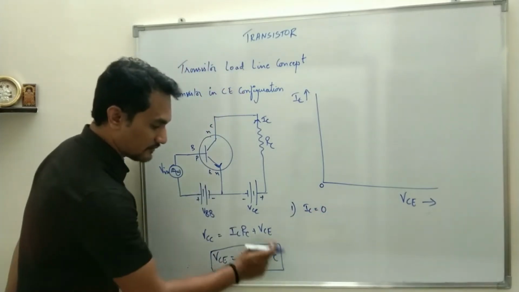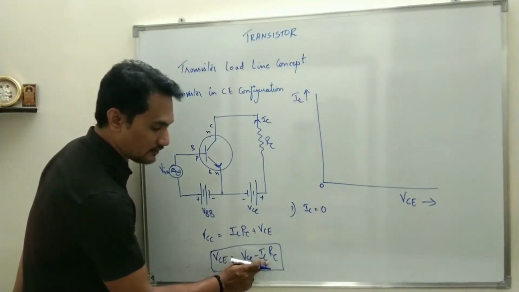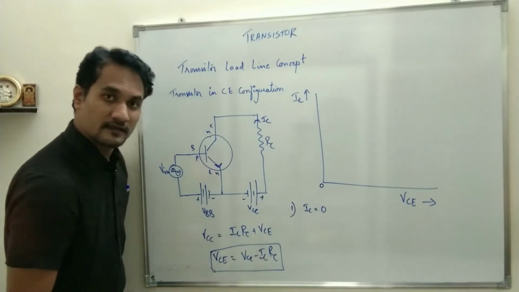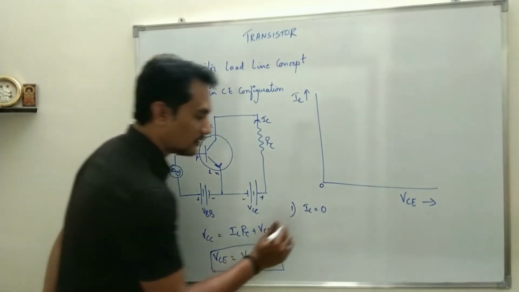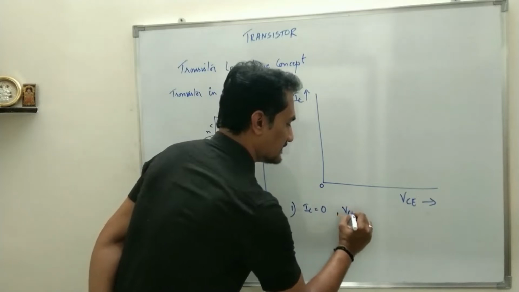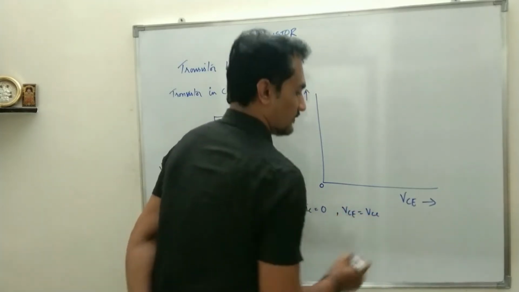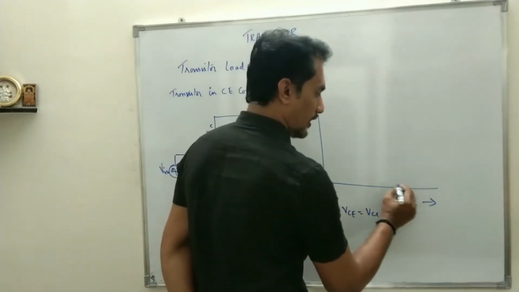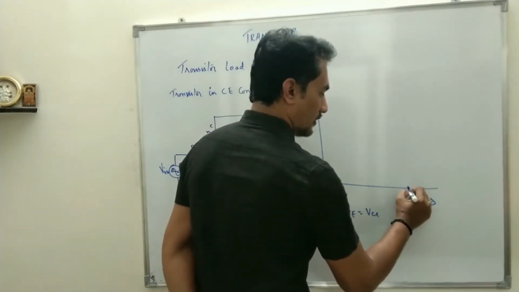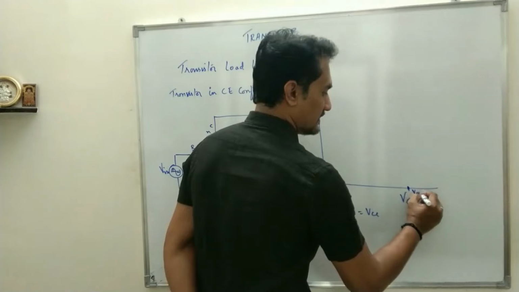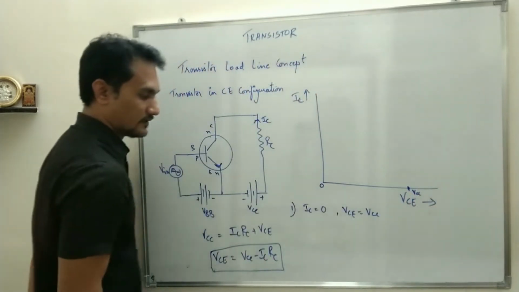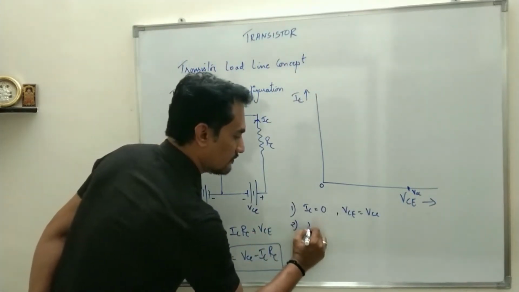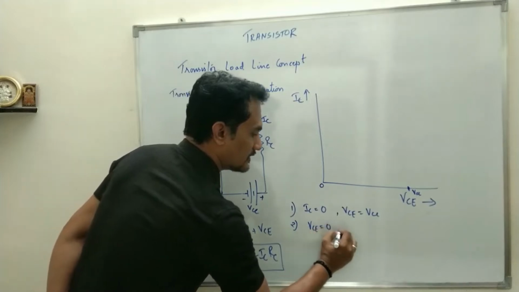In this equation, IC into RC is 0, so VCE equals VCC. That means when IC is equal to 0, we got one point on the x-axis, that is VCE equals VCC.